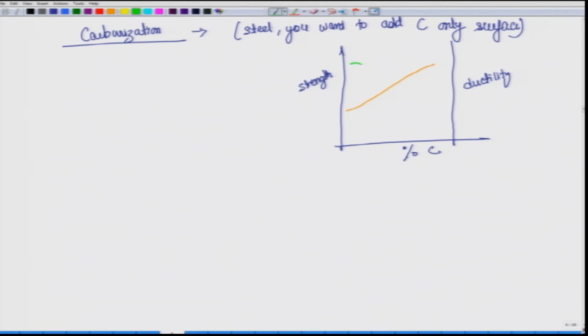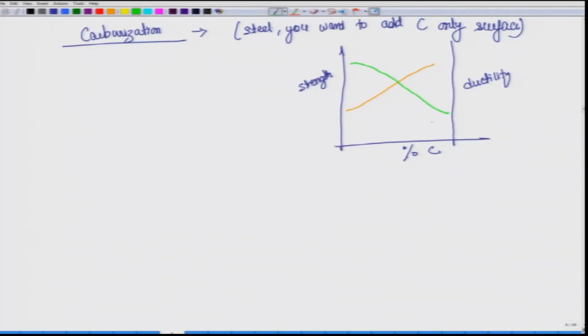Your ductility would drop sharply with increasing carbon percentage. Maybe the total toughness is the same, but when you have a very high percentage of carbon, if it develops cracks, it will fail very easily, and therefore, it will not be suitable for any component.